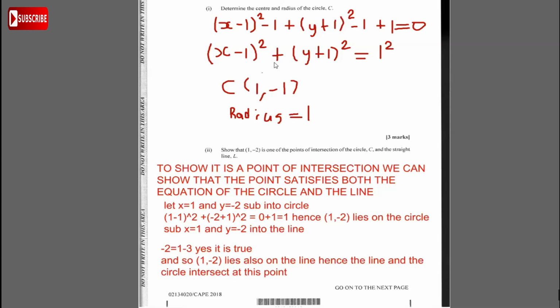So I'm going to use this equation, the general form. You have x squared plus y squared minus 2x plus 2y plus 1 equals 0.